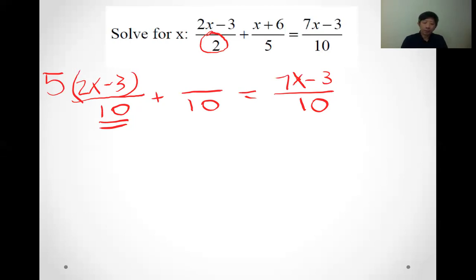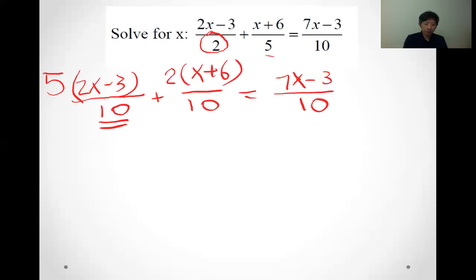What about this one? I have a 5. Now I need to change it to 10, so how many do I have to multiply by? Times 2. So that's why we times 2 on the top, and times 2 on the bottom, I make it a 10, right? So now we have a common denominator, right?